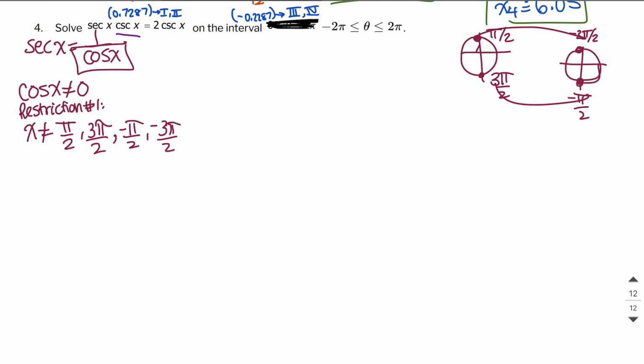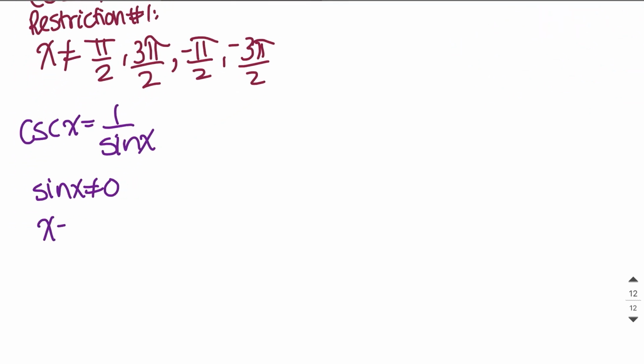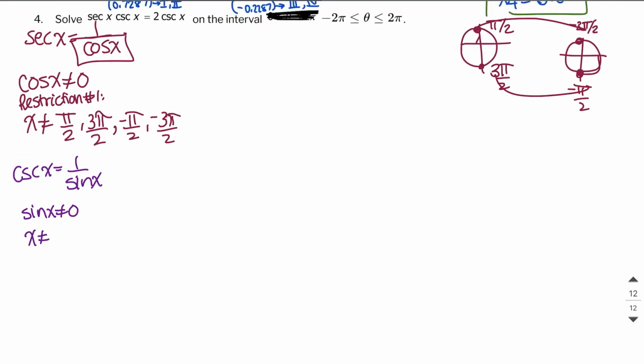I also have cosecant of x, and cosecant of x is 1 over sine of x. So sine of x also cannot be equal to 0, which means that x cannot be equal to, where is sine of x equal to 0? At 0, at pi, and then again at 2 pi.